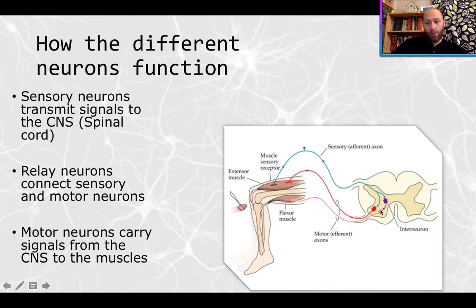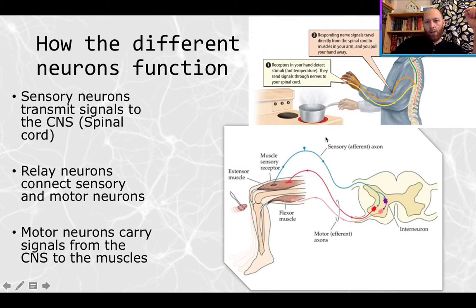These relay neurons themselves are connected to motor neurons, or what we call the efferent division of it, and they send a signal to the muscles to do something. In this case, this sends a message to this muscle to contract and pull the leg up, and this one to relax.